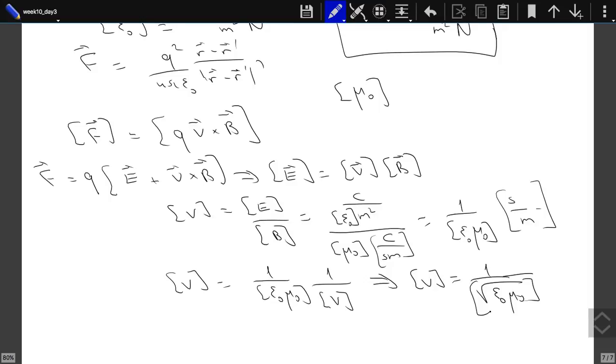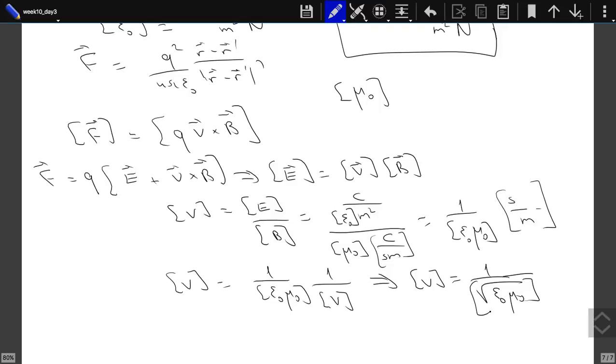So, okay, these epsilon 0 and mu 0 constants, we just define them with some strange numerical values, but with some units. But it just turns out that if you multiply them, take their square root, and take 1 over that, you get a quantity that has the same unit as speed.